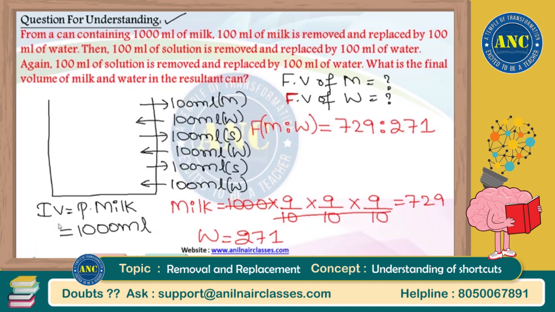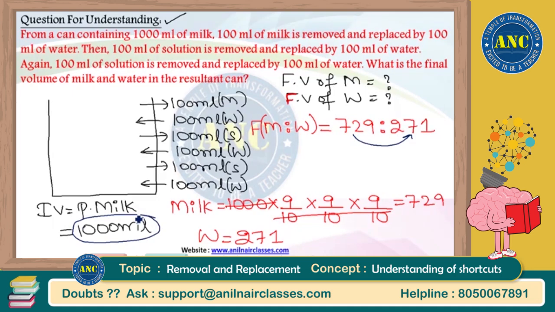Now, I also told you one more thing in my previous explanation. When I add the terms in the final ratio of milk and water, the terms 729 plus 271 should give you the initial volume, or it should give you a multiple of the initial volume.